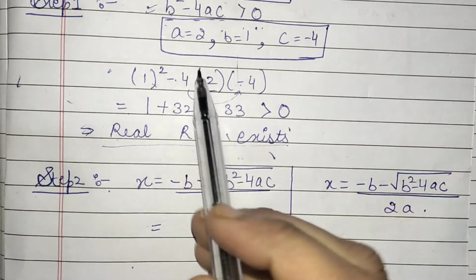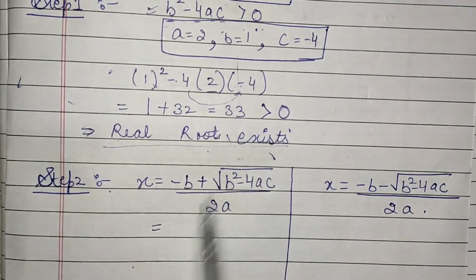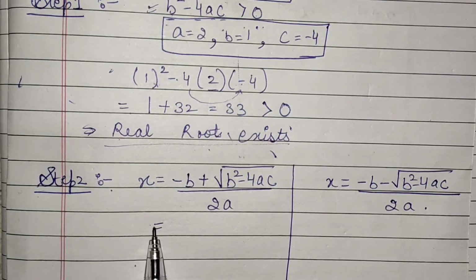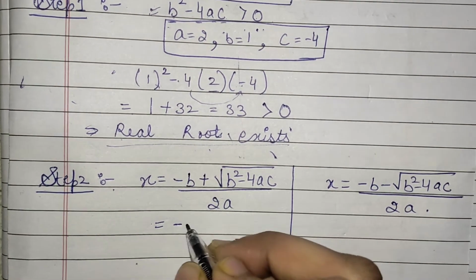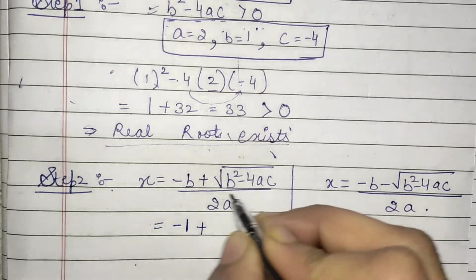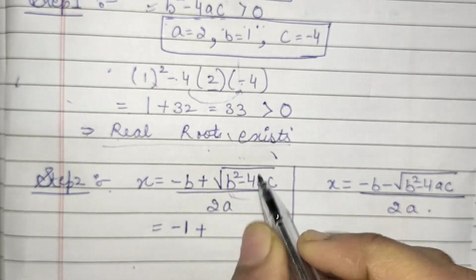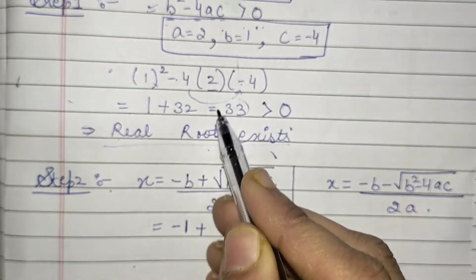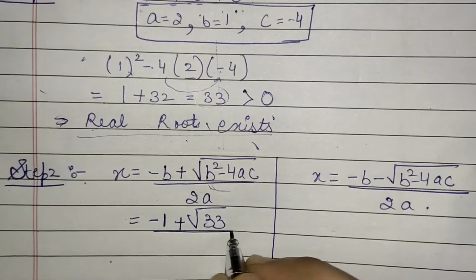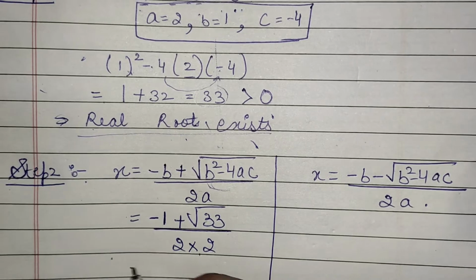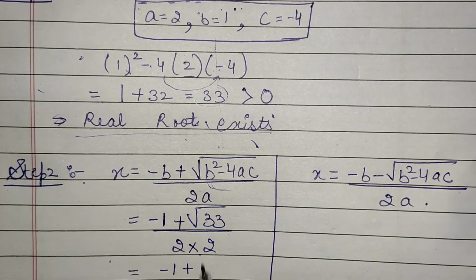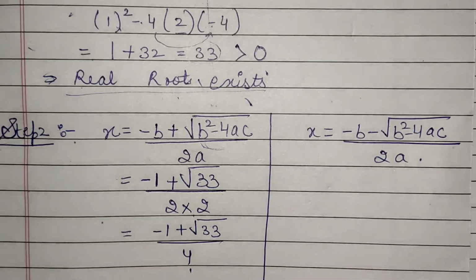So put the values of a, b and c in these two formulas and you will get your result. Okay, so simple it is. Minus b is minus 1, plus under root of b square minus 4ac, you have solved earlier also, so 33, divided by 2a, and a is what? a is 2. Okay, so your answer will be minus 1 plus root 33 divided by 4.